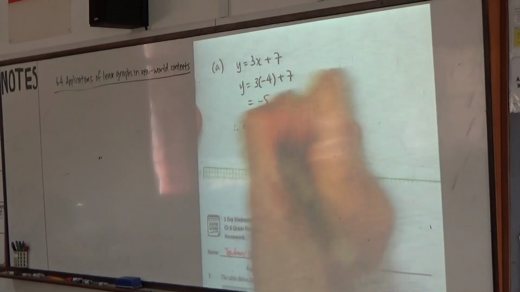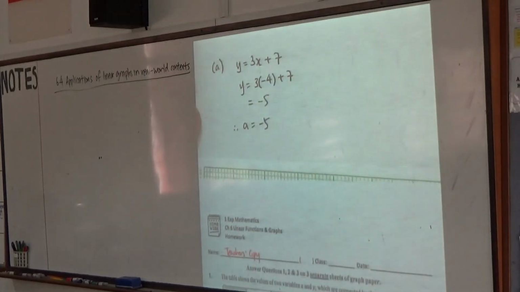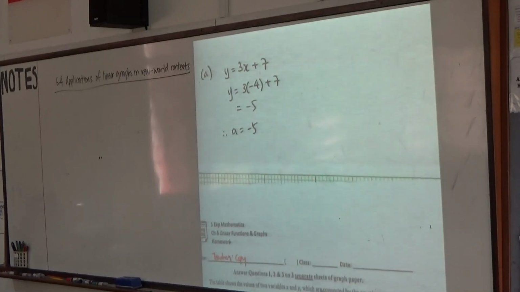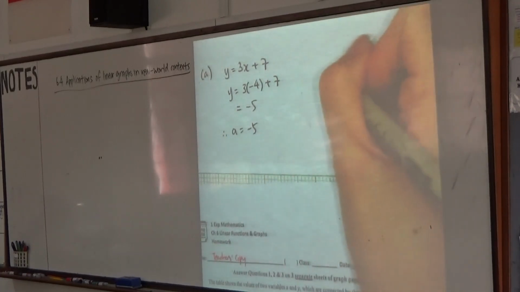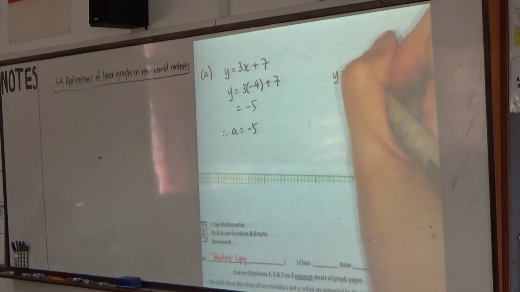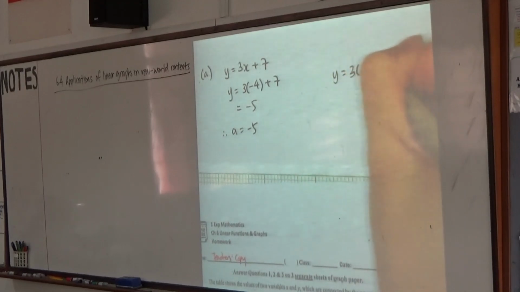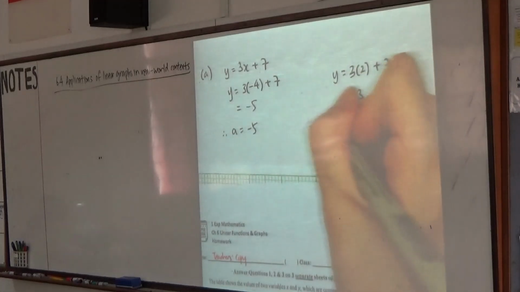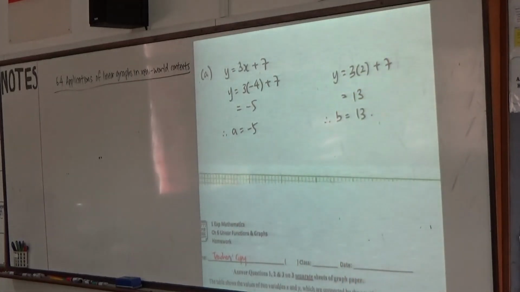Therefore, A equals negative 5. I do the same for B when x equals 2, and then I will get 13. Therefore, B equals 13. So that's for part A.